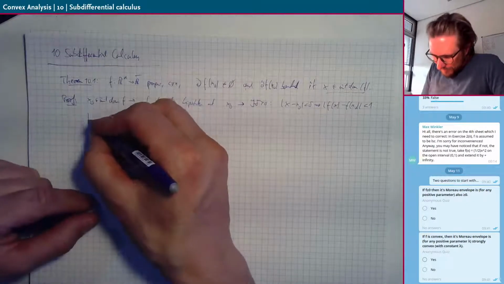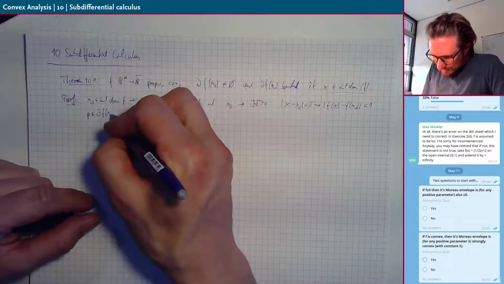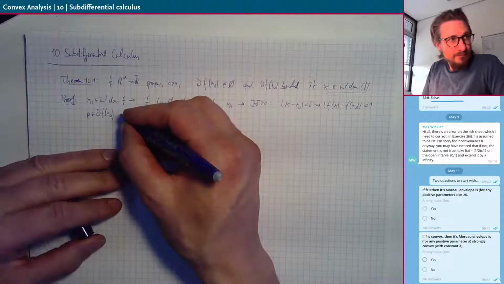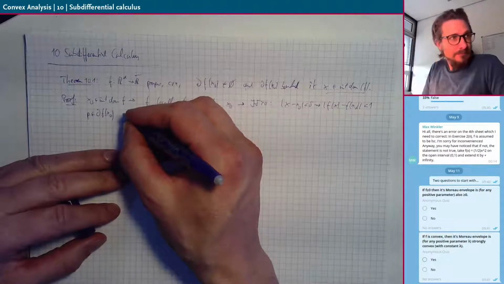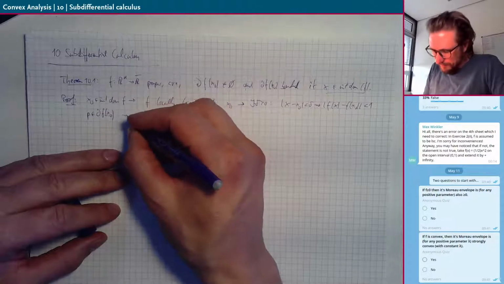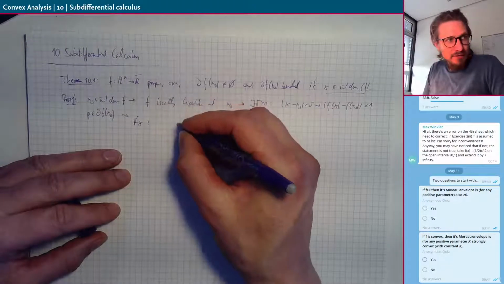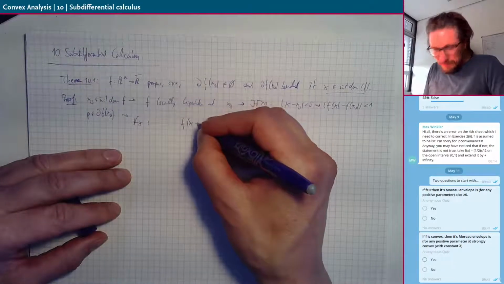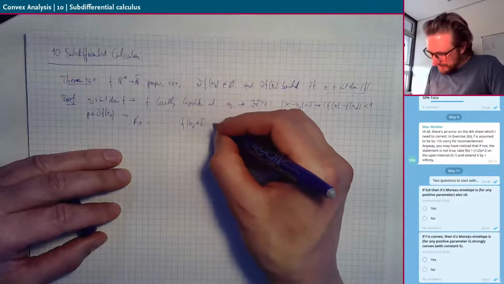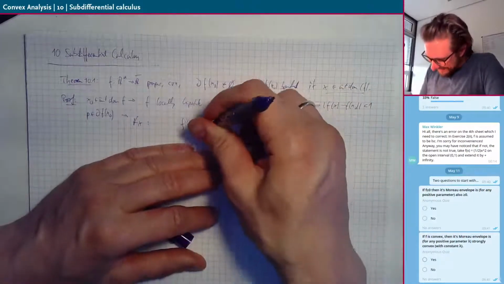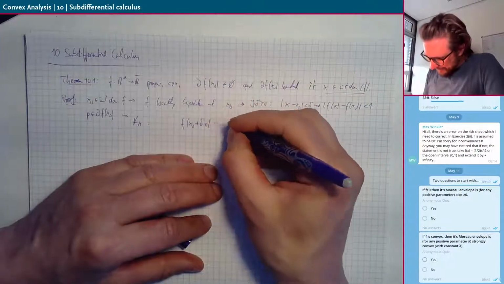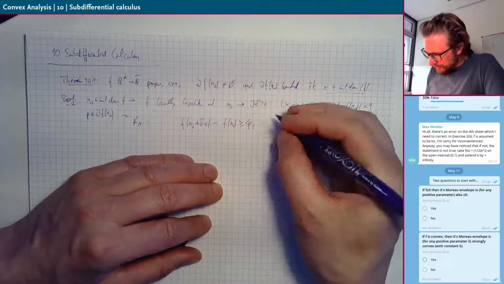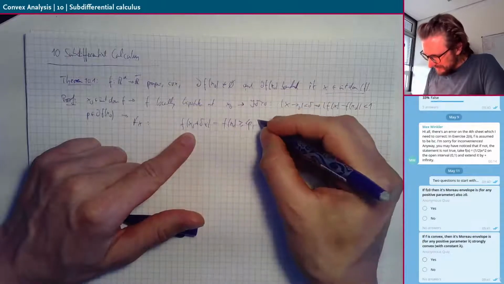Okay, what does it mean now if we had a subgradient p of f at x0? Then for all x we have that f of x0 plus delta times x, minus f of x0, is larger or equal to the inner product of p with the difference of the arguments, which is exactly delta times x.